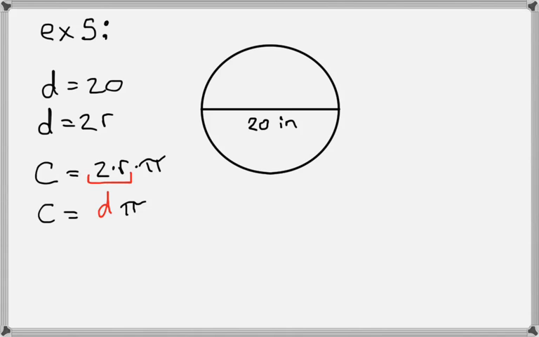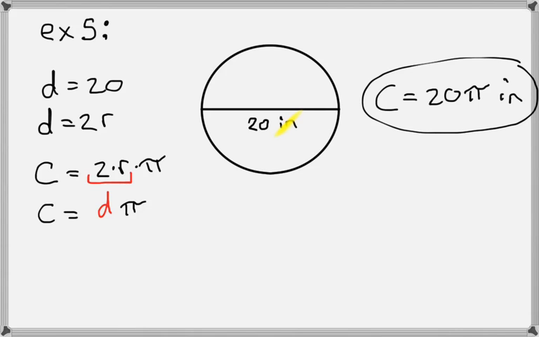So for this problem, we were provided a diameter, so the circumference of this circle would be that diameter, 20, times pi, and then what was our unit of measure? It was inches, so we need to include that. And here is our final answer for the circumference of this circle.